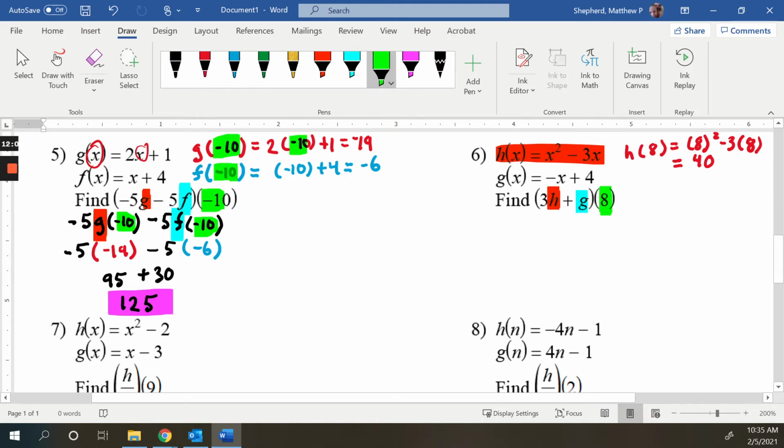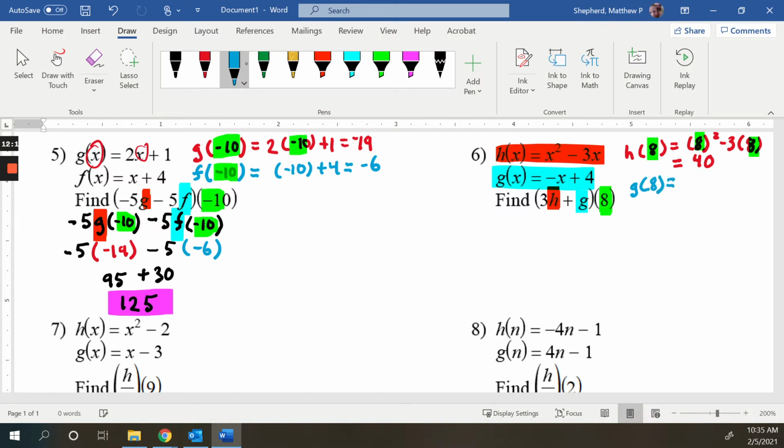All right, so we now know what h of 8 was. Let's go ahead and figure out g of 8. So g of 8 should equal negative 8 plus 4, which is then just going to be negative 4. All right, so in our problem, we had 3 times h of 8. Now h of 8 was just 40, so that changes to 3 times 40, plus, then it had g of 8.